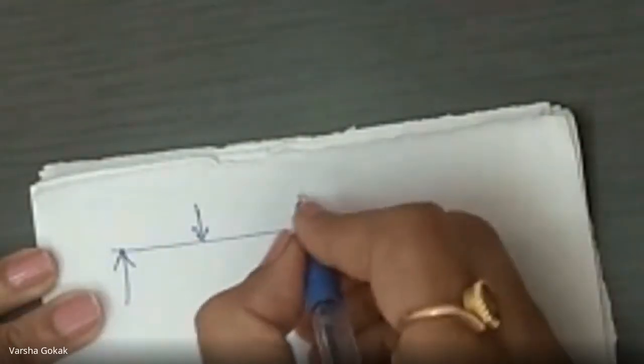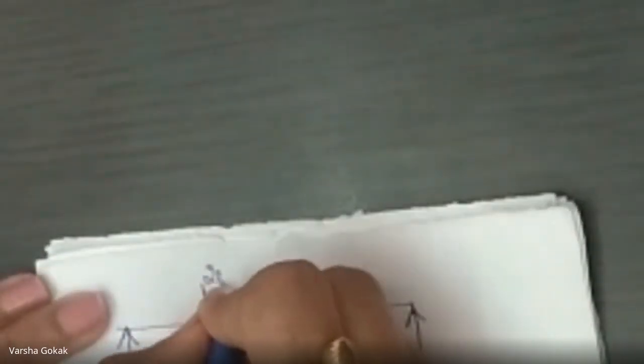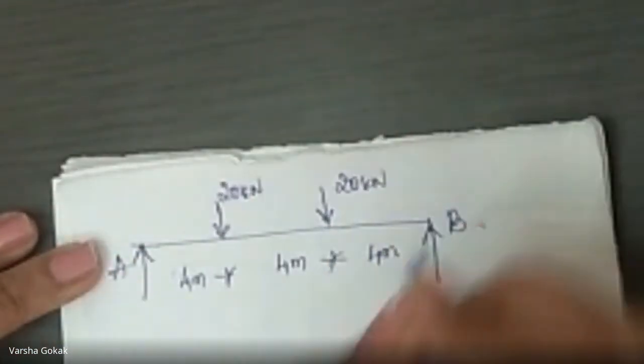We'll take some random loadings. Say it is 20 kilonewtons and 20 kilonewtons. This is 4 meters, 4 meters, and 4 meters. Okay, this is A, this is B.